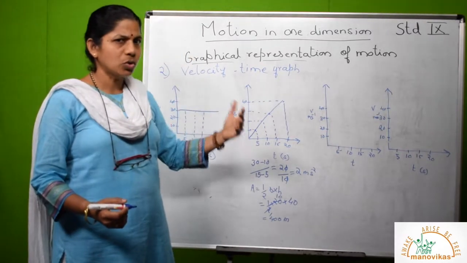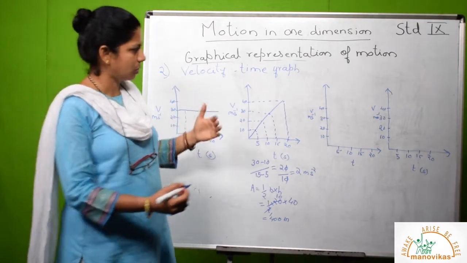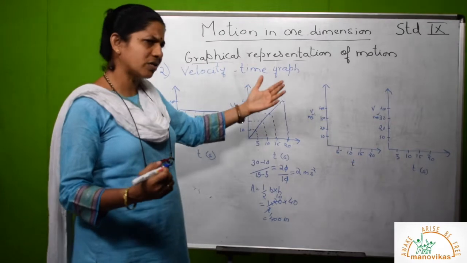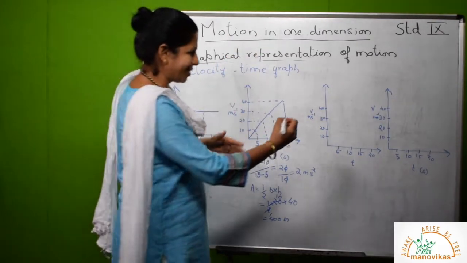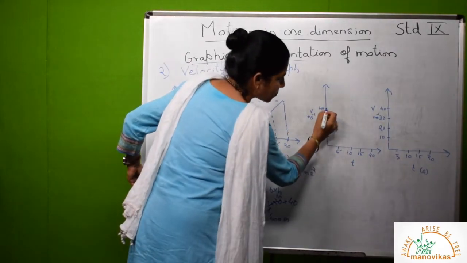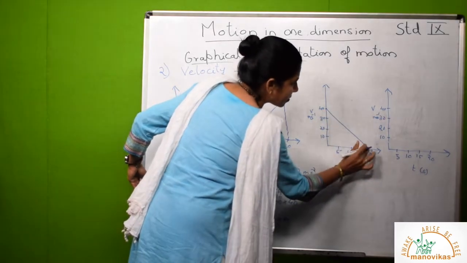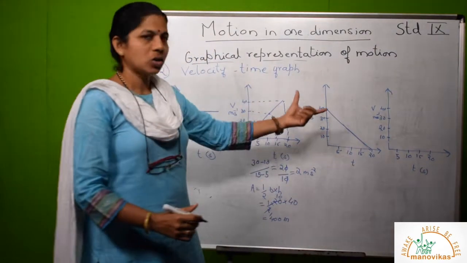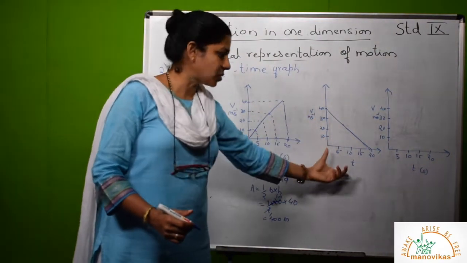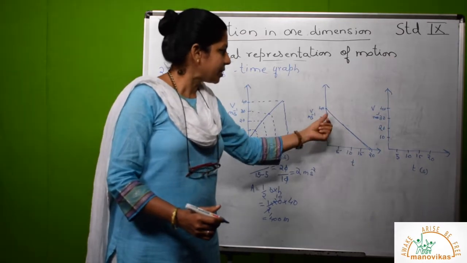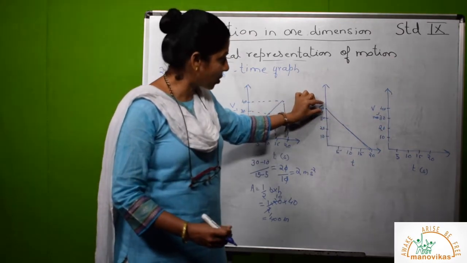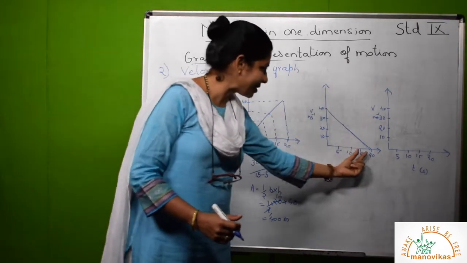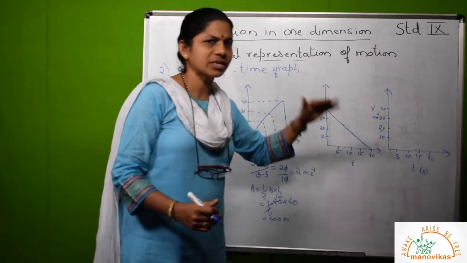Now if you want to represent retardation, retardation is when an object which has higher velocity comes down to 0. So if I show a line like this on a velocity time graph, in this case you find the velocity decreases from 40 meters per second to 0, that means the object is stopping.